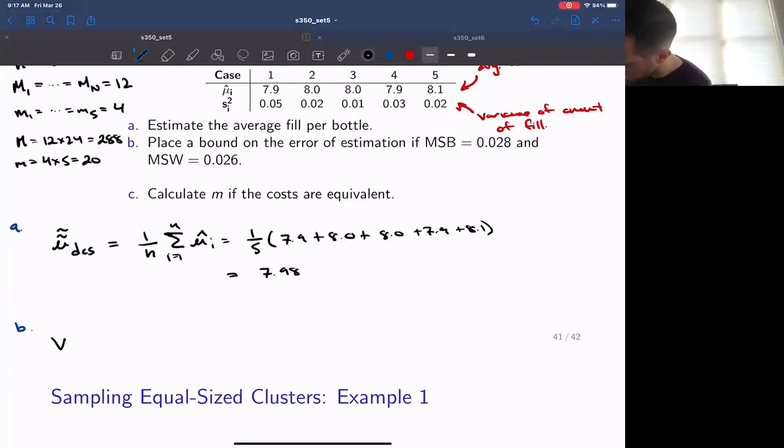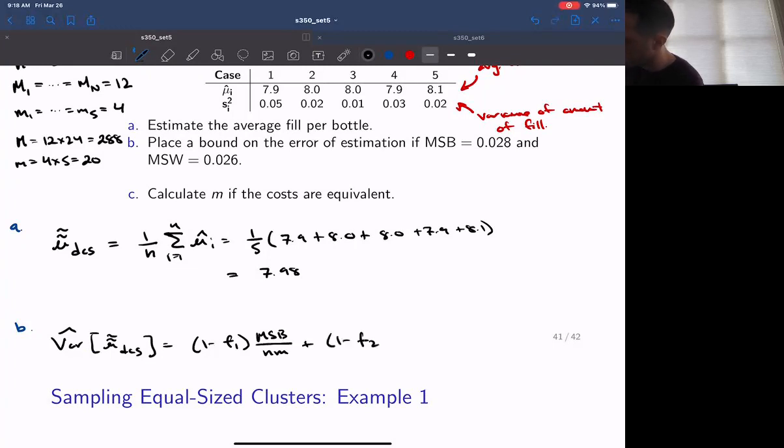Okay, so we're going to have variance of mu tilde DCS is equal to 1 minus F1 multiplied by the mean squared between over n times m plus 1 minus F2 multiplied by 1 over capital N mean squared within divided by little m.